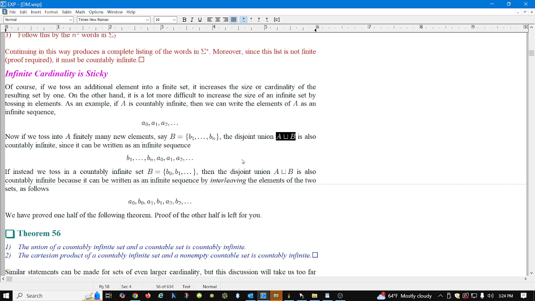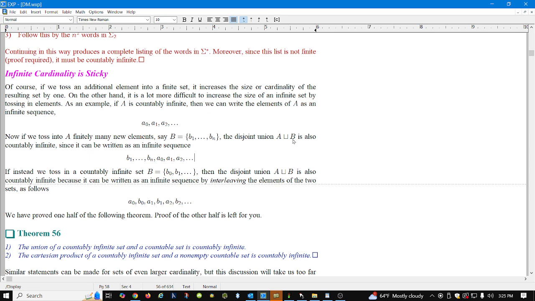The disjoint union, it's still countably infinite. It has not increased in size. And that's quite clear because you can just write this infinite sequence. Stick the elements B1 through Bn at the beginning of the sequence, write out the rest of the sequence for the set capital A. You'll have an infinite sequence consisting of each element from this disjoint union appearing exactly once.